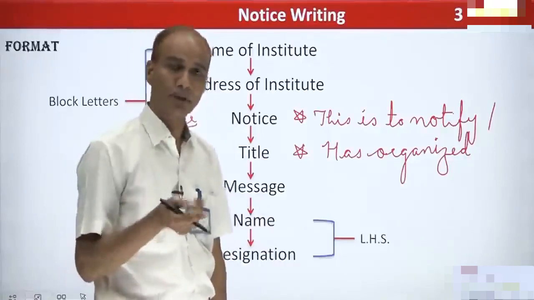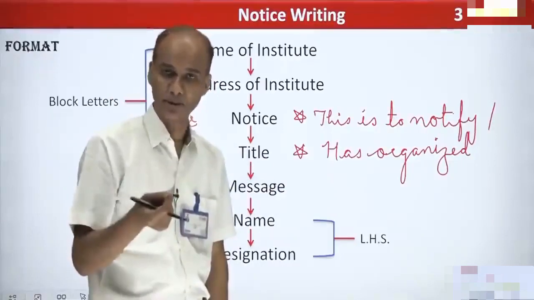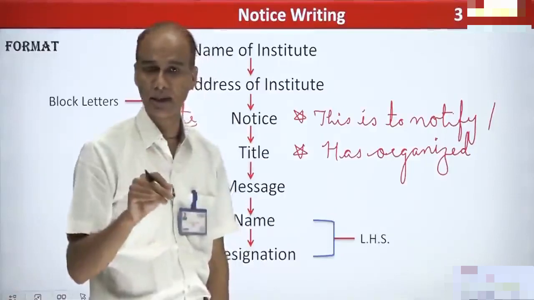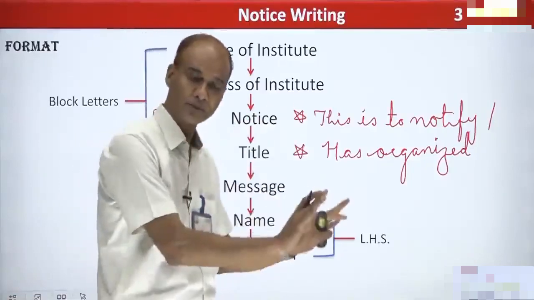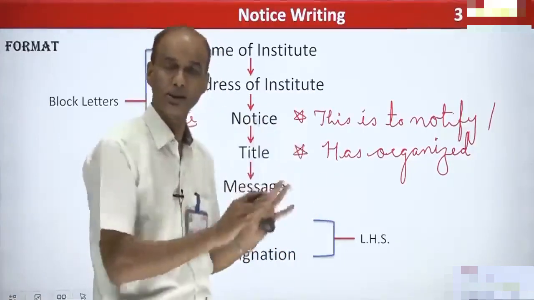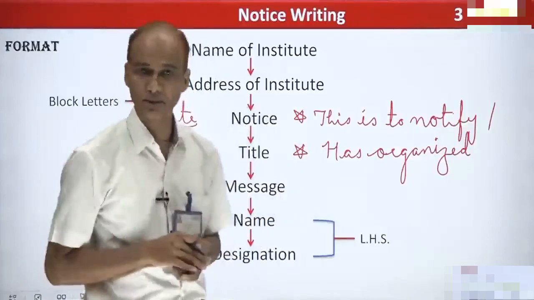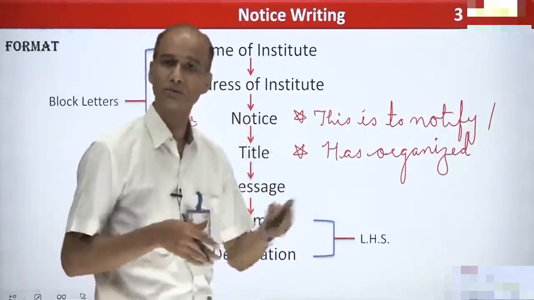Now why? If you say has organized or have organized, as per the question, as per the subject, then what does that mean? That the program has already been done. Means it's over, organized. So if it is so, then what is the purpose of writing this notice? It's utterly useless.